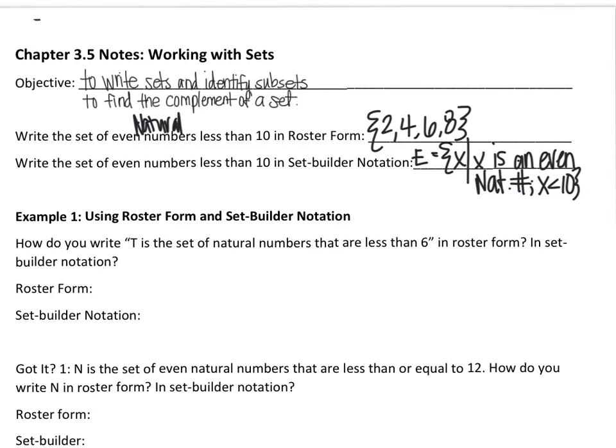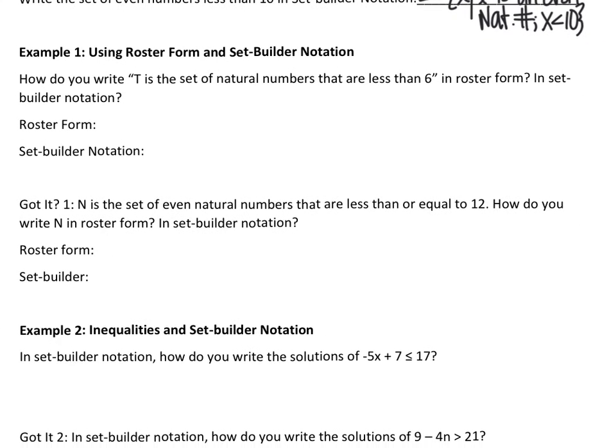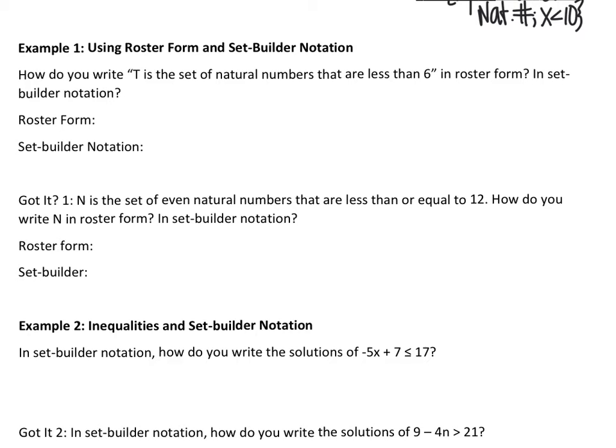Okay, example 1. Using roster form and set builder notation, we're going to do that all over again. How do you write T is a set of natural numbers that are less than 6 in roster form and then in set builder notation? In roster form, that's going to be T equals, and you just list them: 1, 2, 3, 4, and 5.